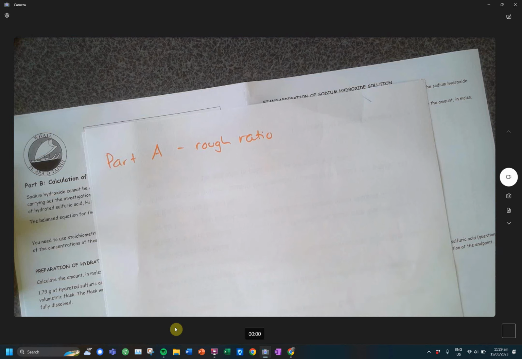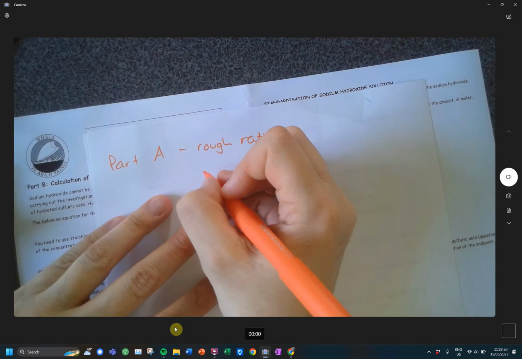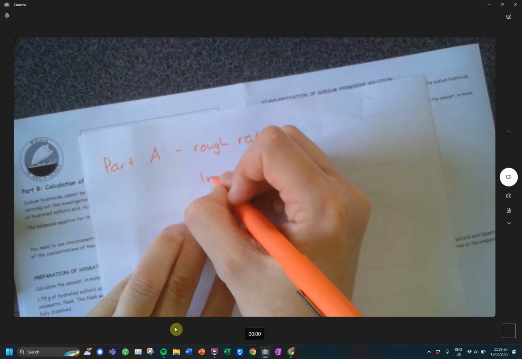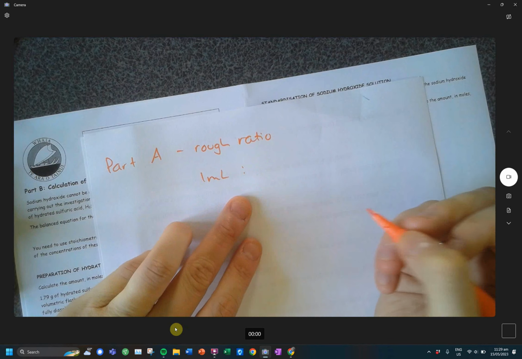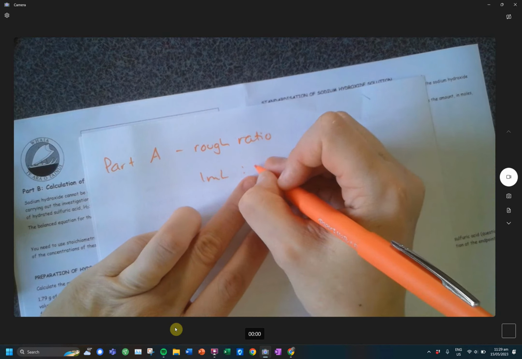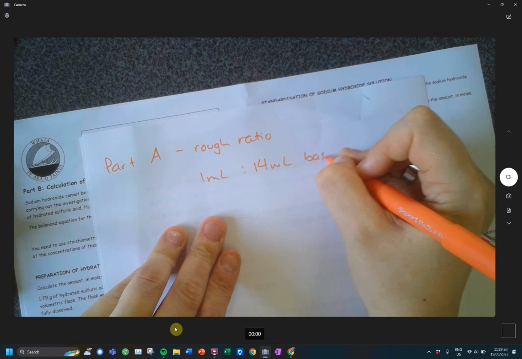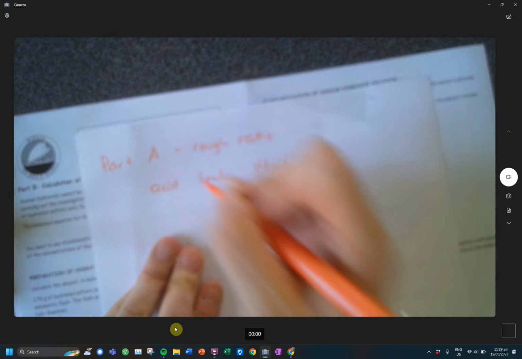So you took your pipettes and you figured out how much base do I need for my acid. So if you had 1 ml of acid, say for example, some of you guys figured out that you needed like 14 milliliters of the base. Is what you guys did in your first step.